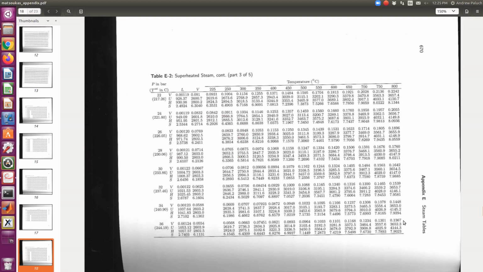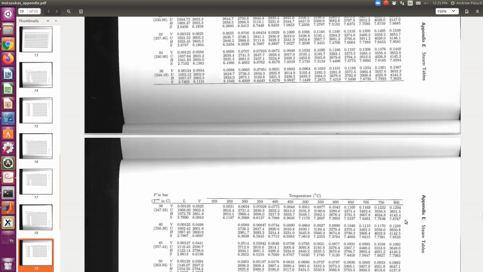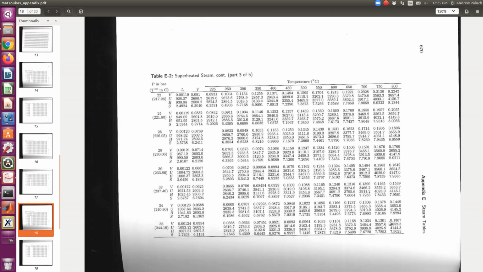The table ends at 800 degrees C, in which V is 0.1367. So it looks like I would be just beyond 800, slightly off my charts. Since my steam table ends, I suppose I could try to extrapolate, but you should always extrapolate with caution.